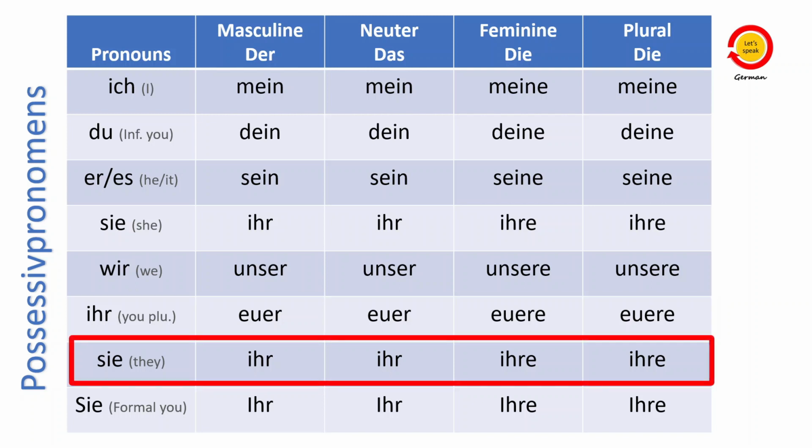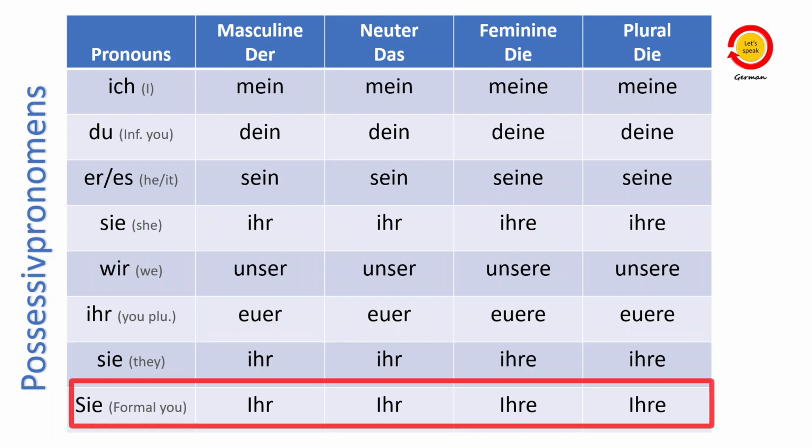Sie, they, ihr, ihrer, ihrer. Sie or the formal you, ihr, ihrer, ihrer. Please notice that the I must be capitalized for the formal you, sie. Don't worry, you will understand all of these after we do a few examples.